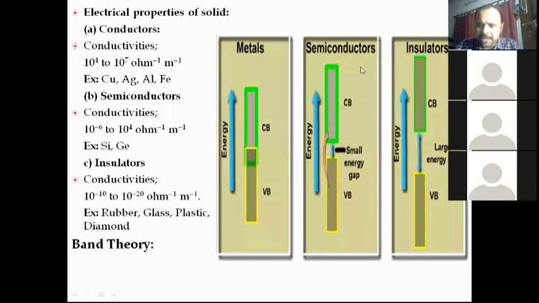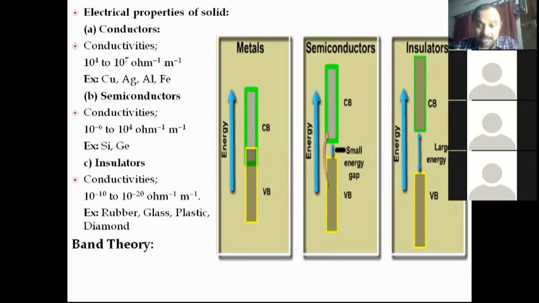In the case of a semiconductor, the gap between them is very small. You take a semiconductor and increase the temperature, and electrons start promoting from valence band to conduction band, so conduction increases. That is why, in a semiconductor, conductivity increases as temperature increases.